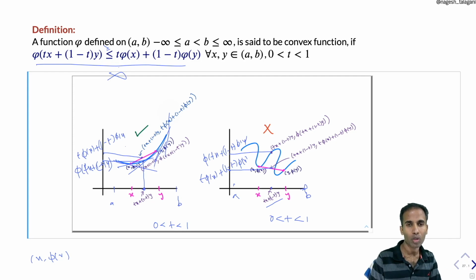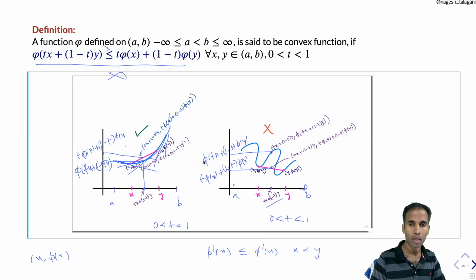If phi is differentiable, we know that phi dash x denotes the slope of the tangent at x comma phi of x, right? So this must be an increasing function of x. That is, phi dash x must be less than or equal to phi dash y for x less than y.